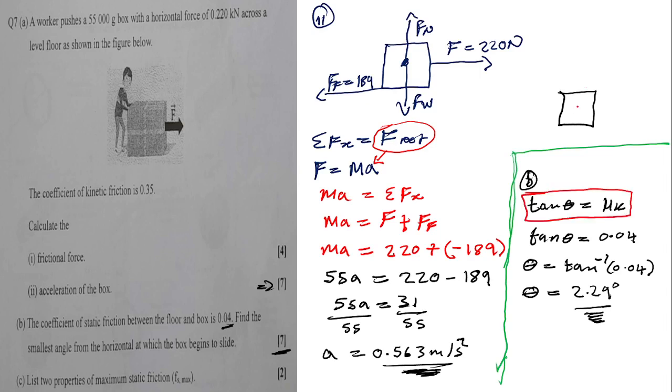So let's say we have that particular force, which is the Fn, and then let's say we have a friction force which is going this side, and this can be treated as Ff. A friction force can go this side or it can go that side. The small angle we considered is just the angle which is somewhere there.